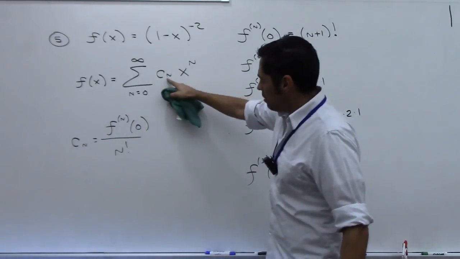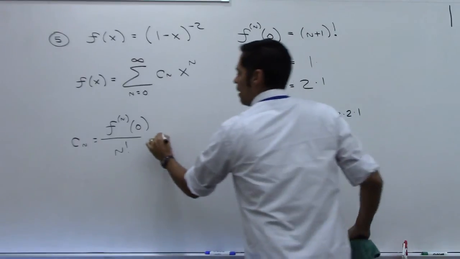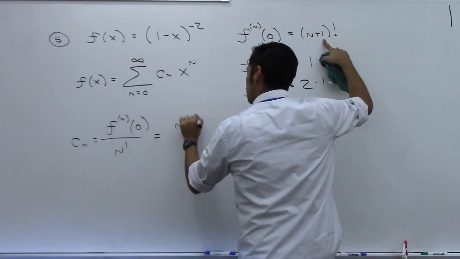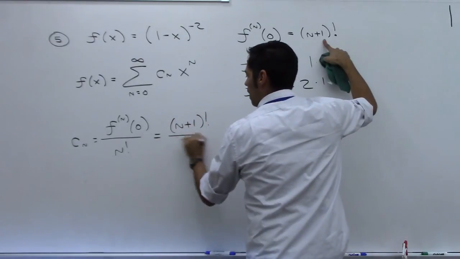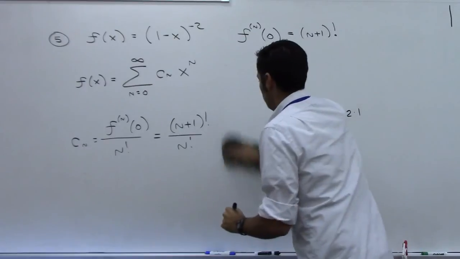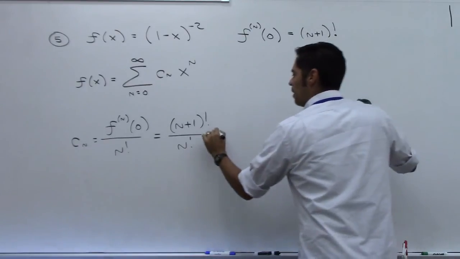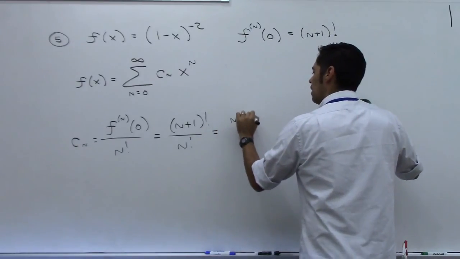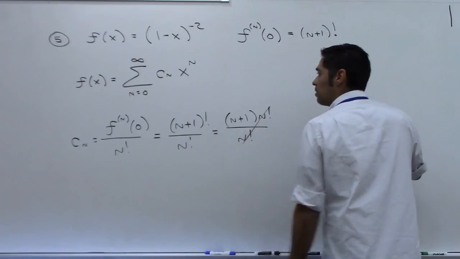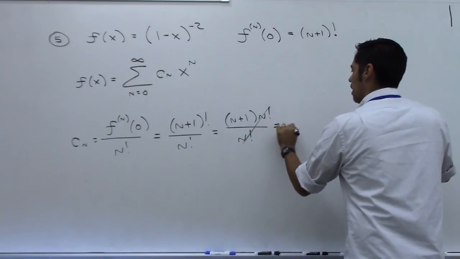So I know that these look like this, but we just showed that this is n plus 1 factorial, and then over n factorial, which means that if we peel off on top n plus 1 times n factorial over n factorial, they cancel, and so you just get n plus 1.